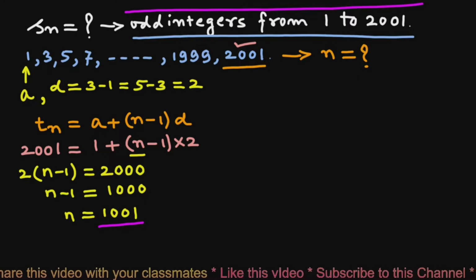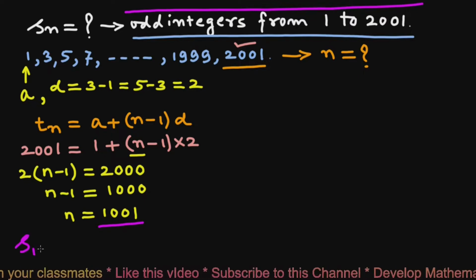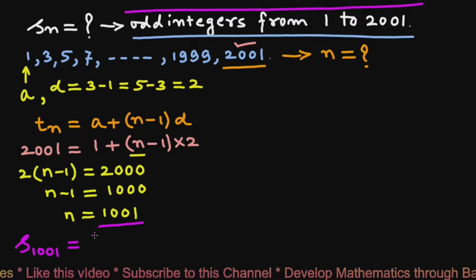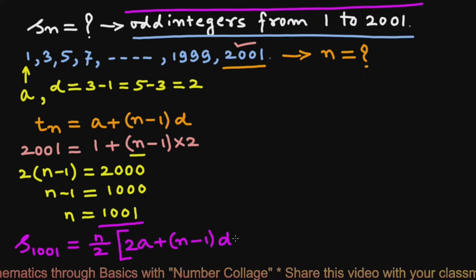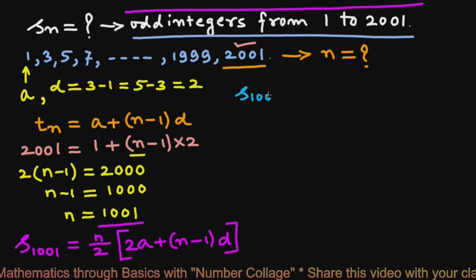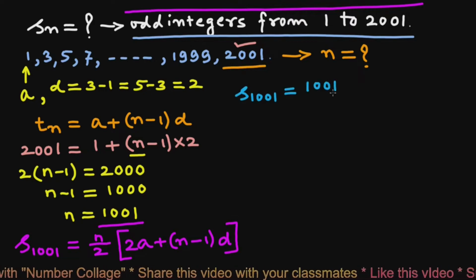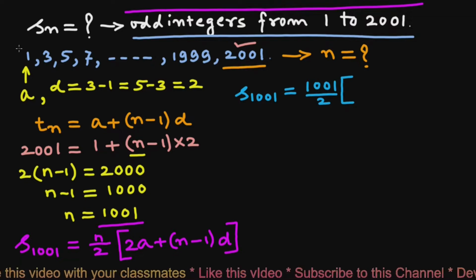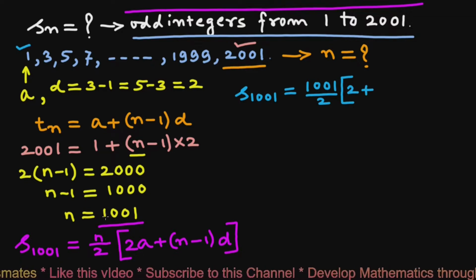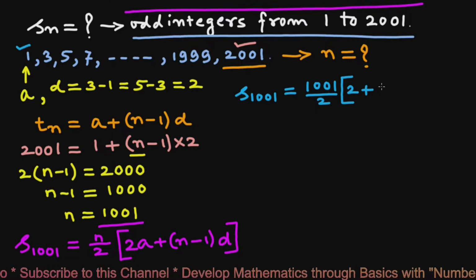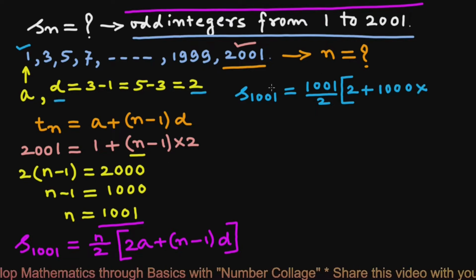Now we have to find the sum of these 1001 terms, that will be n by 2 into 2a plus n minus 1 into d. So S of 1001 will be 1001 upon 2 into 2 multiplied by 1, that is 2, plus n minus 1, that is 1001 minus 1, 1000, multiplied by d, which is 2.